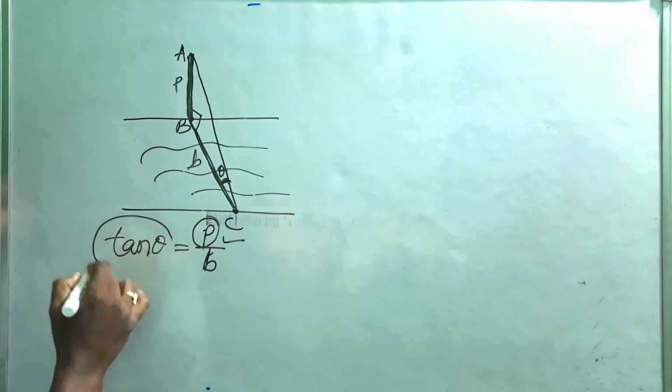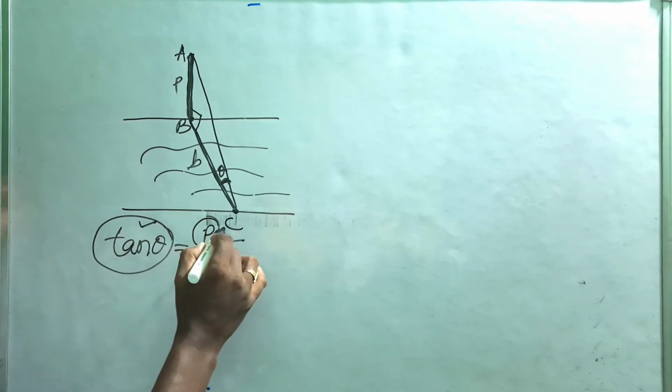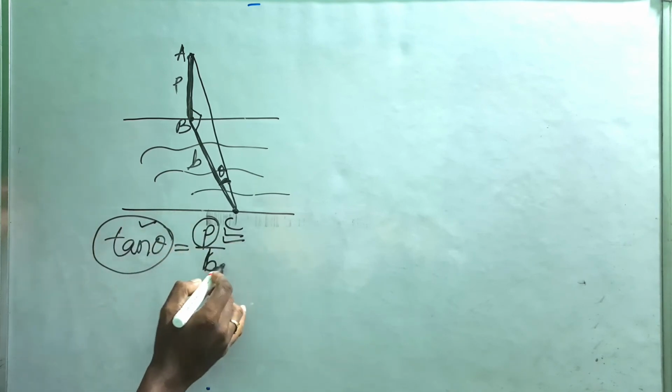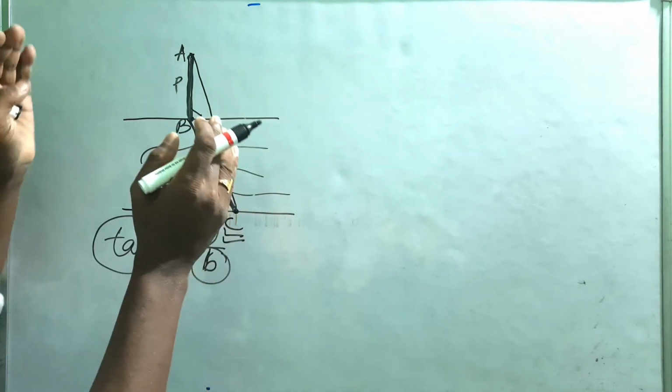So you can determine tan theta because you know the angle. If you put these values, you will get the value of B. So you can determine the width of the river.